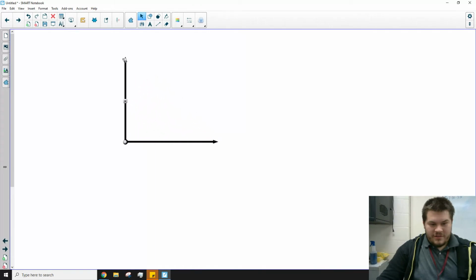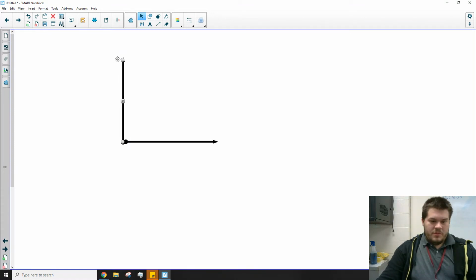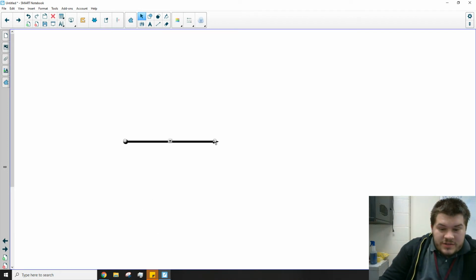Like this is a 90-degree rotation. If I keep going, there's 180 degrees, 270, and 360 degrees or 0. So degrees are just a matter of rotating. That's all they are.